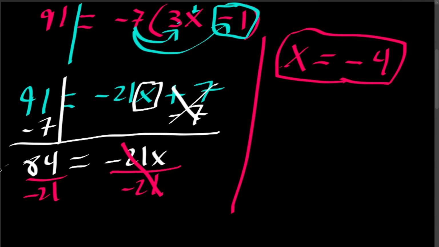Let's do one more just for the sake of doing it. Let me find a good one for us. Let me find one that will be a little tricky. Let's do... yeah, let's do this one.